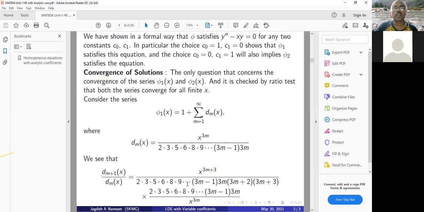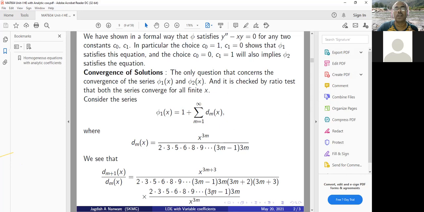So take the reciprocal of this as a multiple here and then simplify further. So what are the calculations here? This 2 vanishes with this 2, 3 vanishes with 3, right? 5 vanishes with 5, 6 vanishes with 6, 8, 8, 9, 9. This 3m minus 1 vanishes with this 3m.